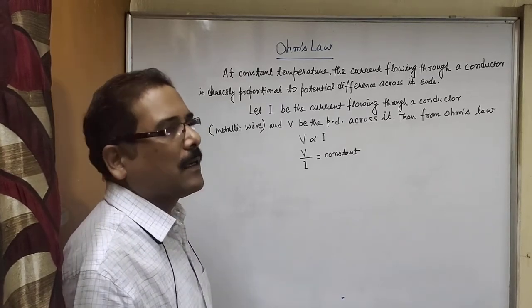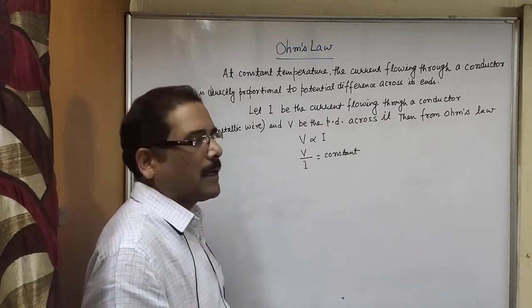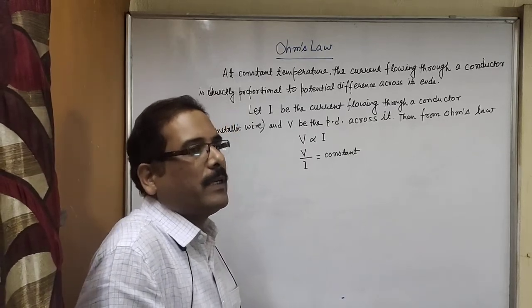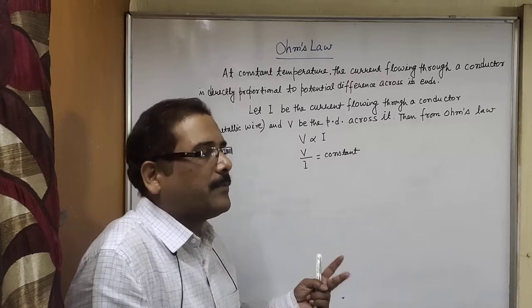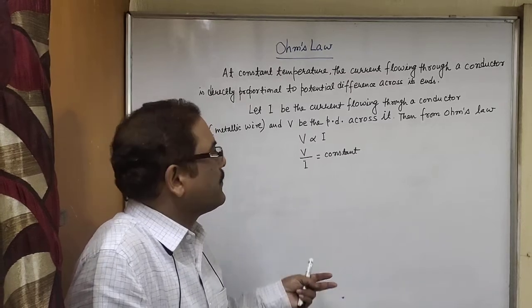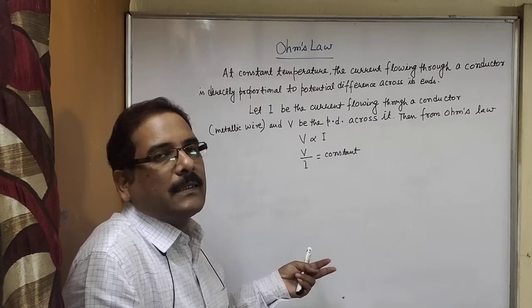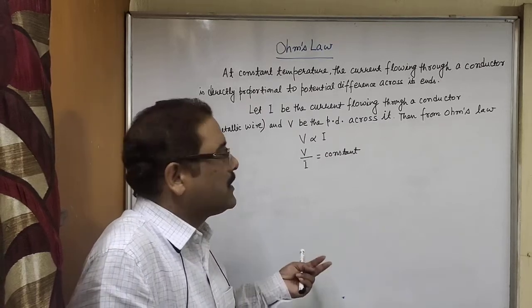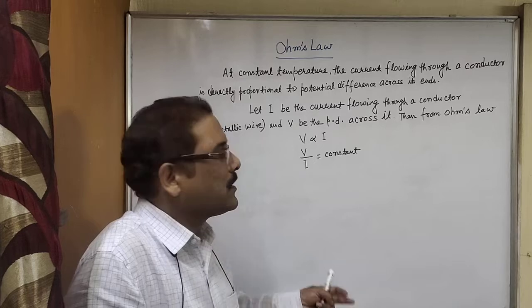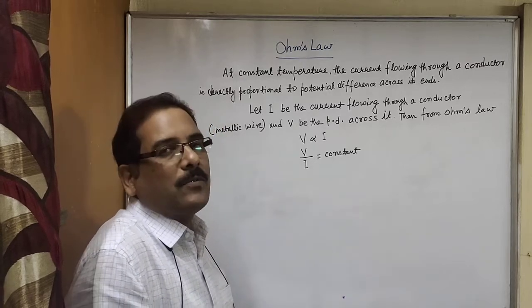If you connect one cell, the current will be less. If you connect another cell, it means now two cells are in the circuit, current will also increase in the same ratio. If you add one more cell, now three cells, then current will also increase. So they are directly proportional to each other.